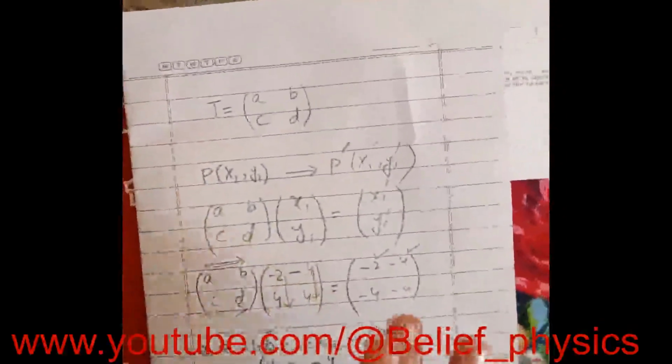This is one way, the general way. You only need the image and the object. The formula is matrix ABCD times object is equal to image. It will give you the matrix for any transformation.